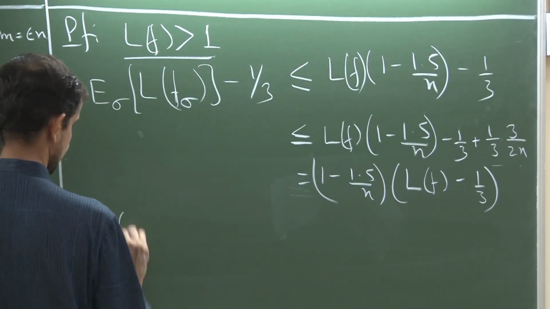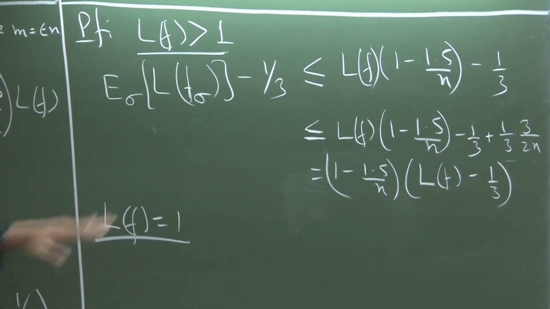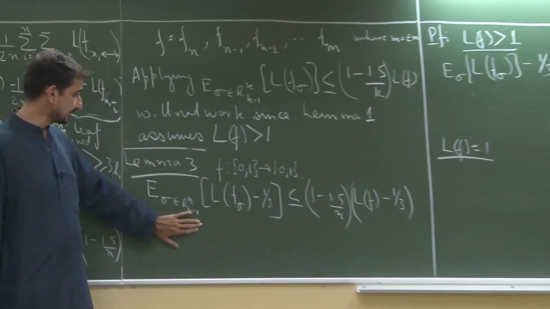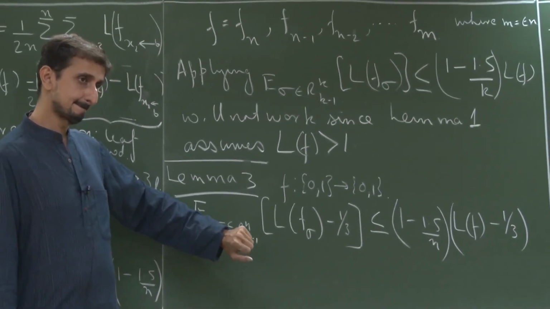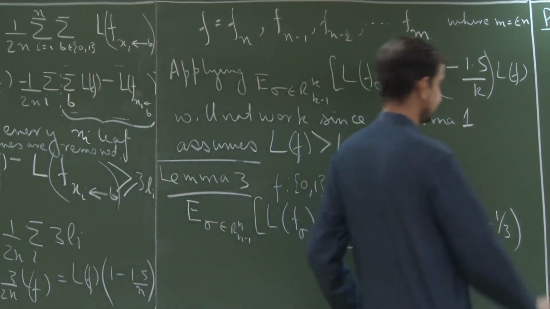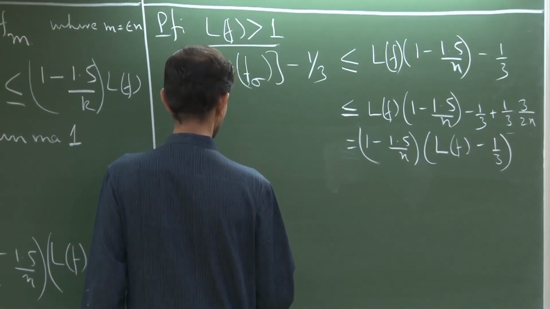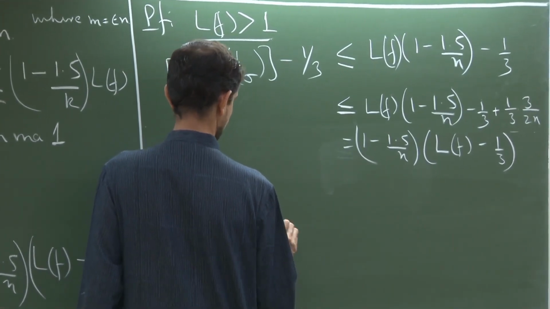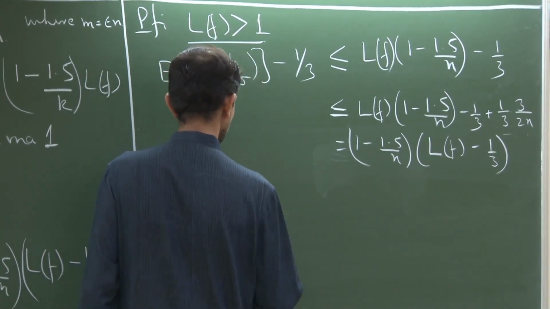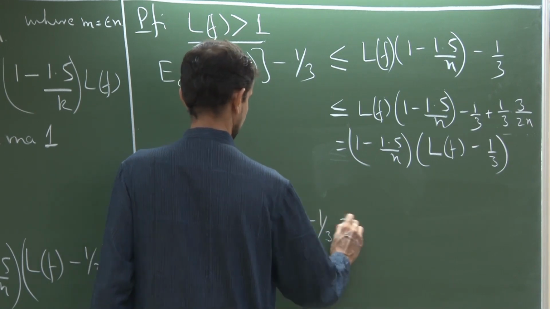Now, what happens if L of f equals 1? So, if L of f equals 1, let us look at both the left hand side and the right hand side of this expression. So, what does the left hand side evaluate to? If L of f equals 1, I can once again write this as expected value of L of f restricted minus 1/3.